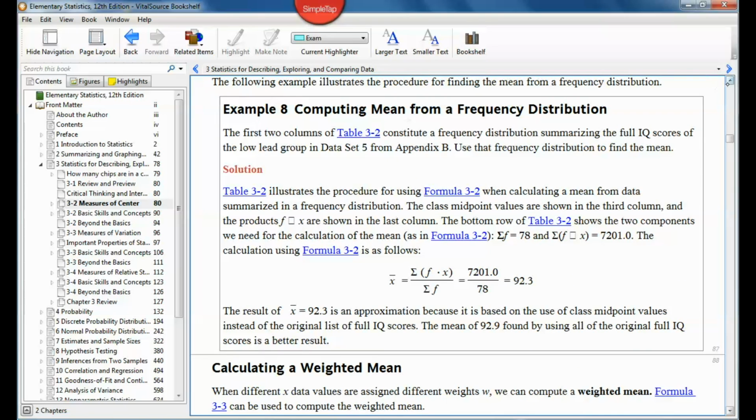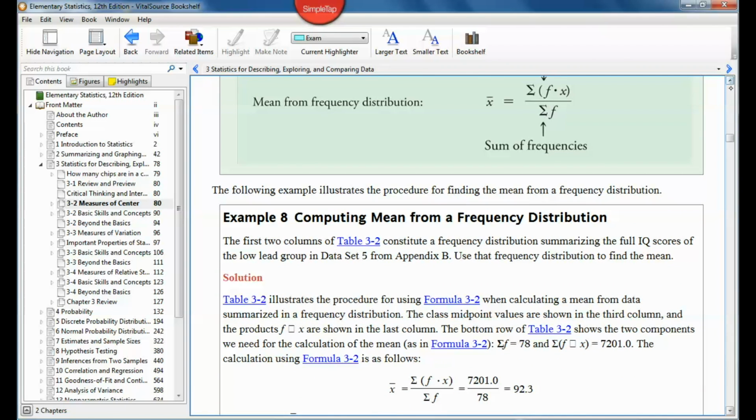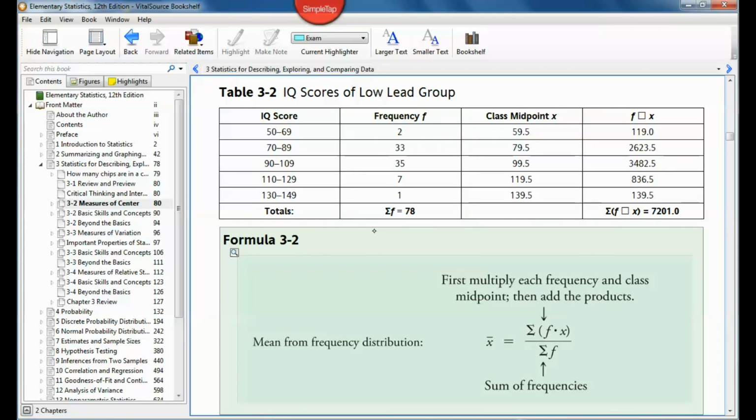So what your book has already done here, they figured out that the sum of the frequency times the class midpoint for every class was equal to 2701.0. This is from table 3.2. They have the frequency written down, they figured out the class midpoint. Remember how to do that?